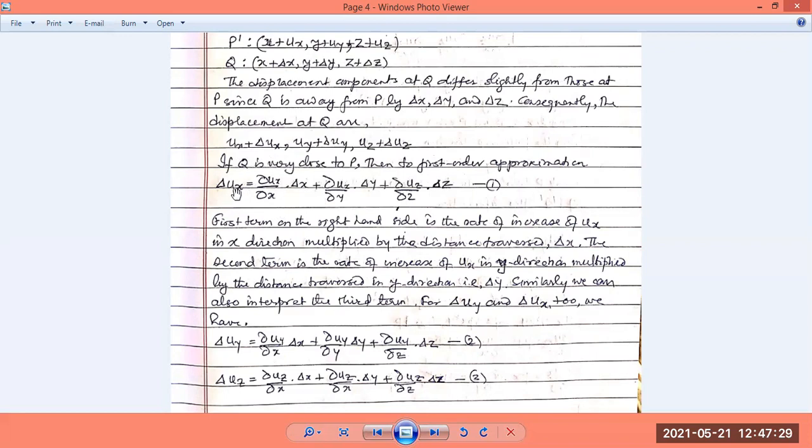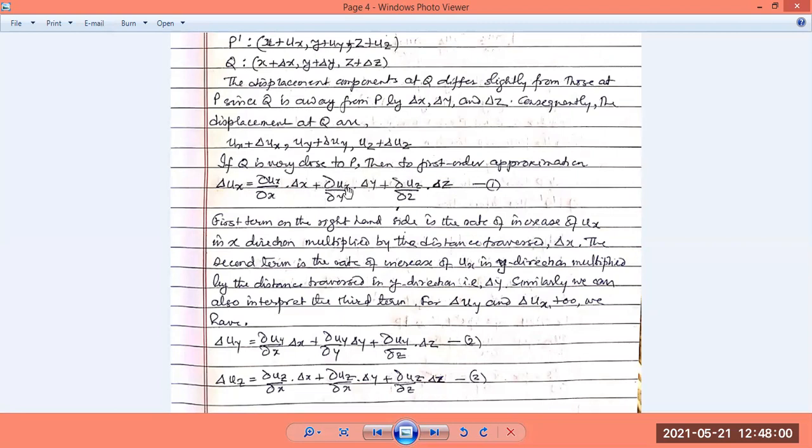So we are differentiating ux in terms of x, the rate of change, multiplied by the actual difference delta x. Initially from x we change to x plus delta x, and from ux we change to ux plus delta ux, and this value is given by this formula.